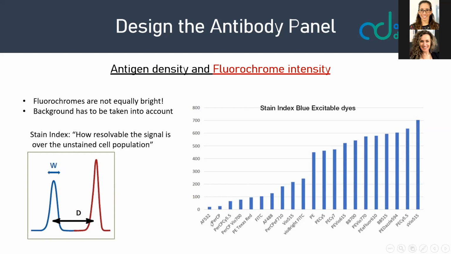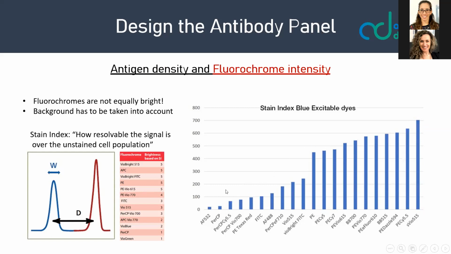So in order to make it a little more simple, scientists have agreed on a ranking of those staining indices on a scale of 1 to 5, where 5 is the brightest fluorochrome and 1 is the dimmest fluorochrome. This ranking system is in use in many companies where you can purchase antibodies.